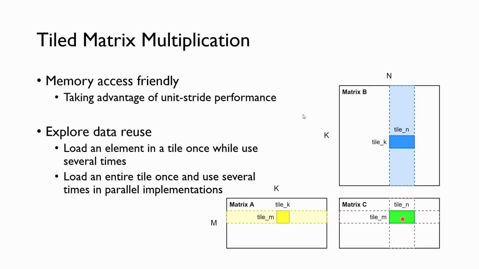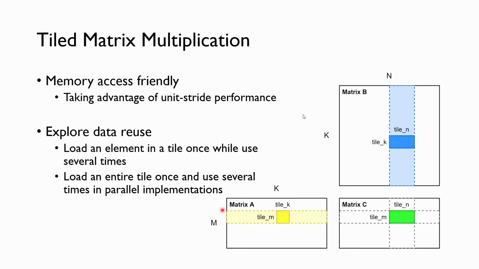Also, the tiled matrix multiplication algorithm explores data reuse inside tiles. For example, an element inside this tile A is loaded once and involved in tile N multiplications here. So it reuses each element tile N times.